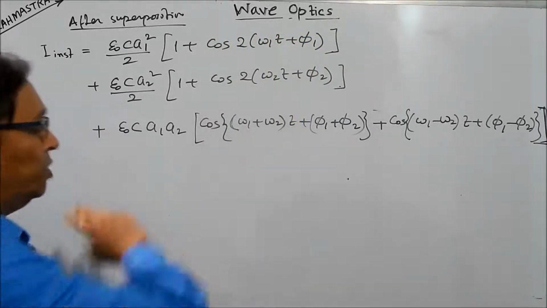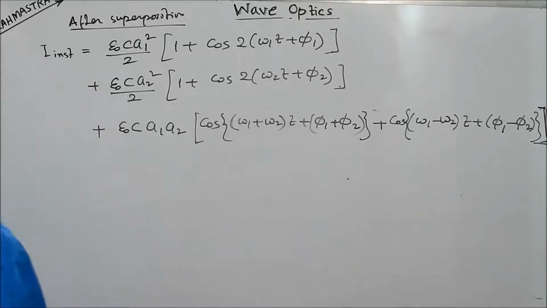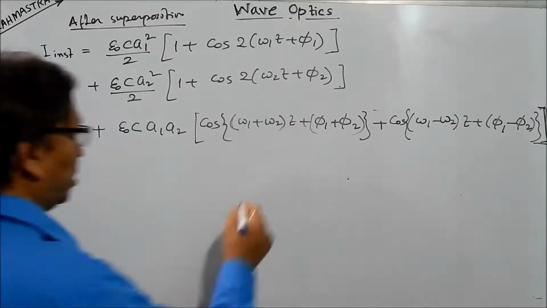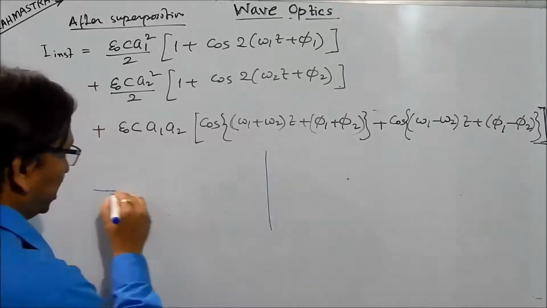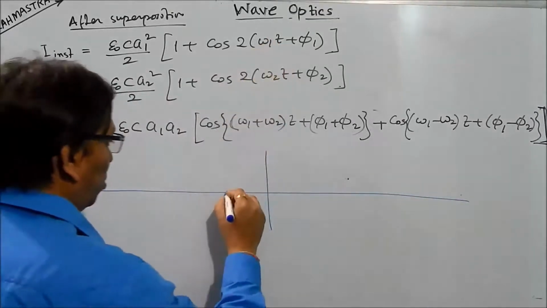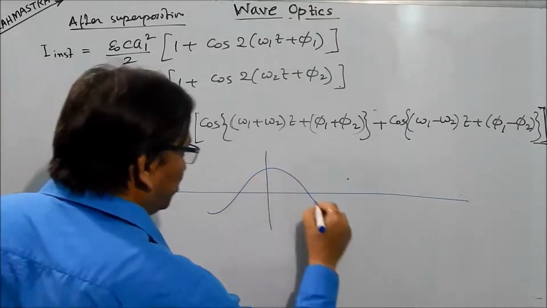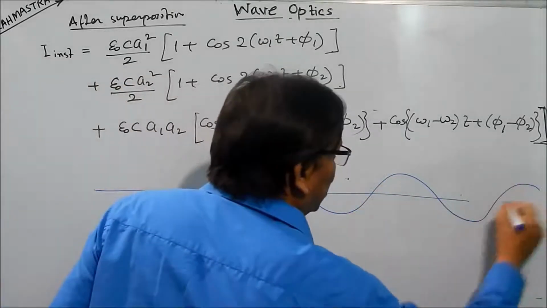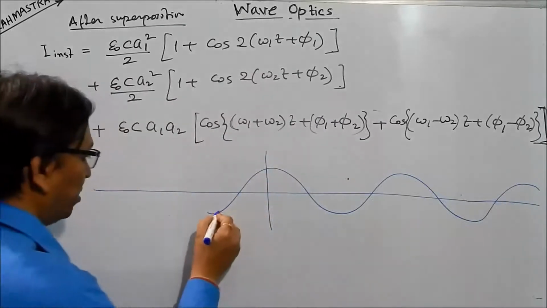So they will give a continuous curve like this. Suppose this will be the curve. If I take the curve of cosine, and this is a function of time, so there will be a long curve like that, because it is associated with time.